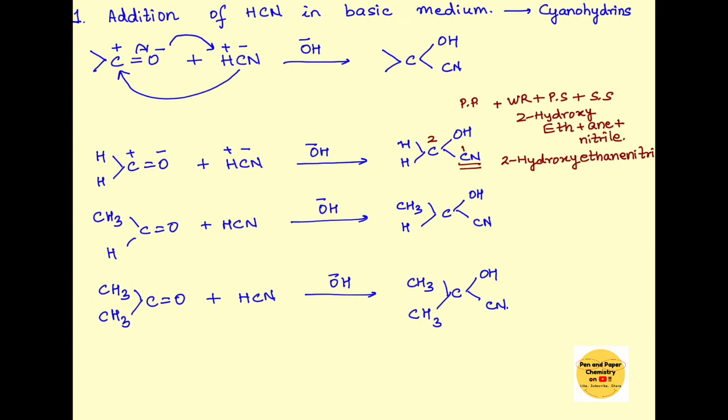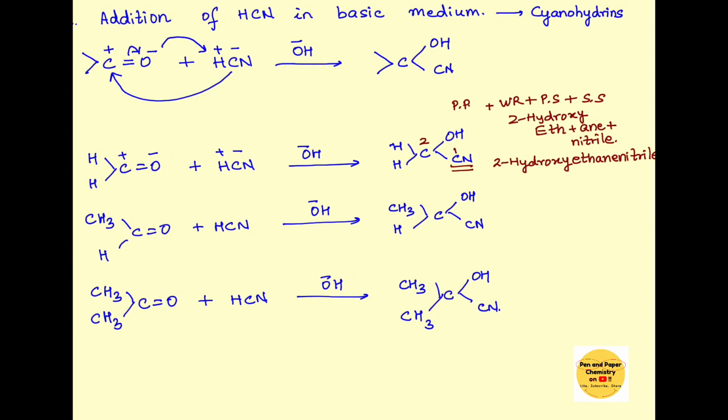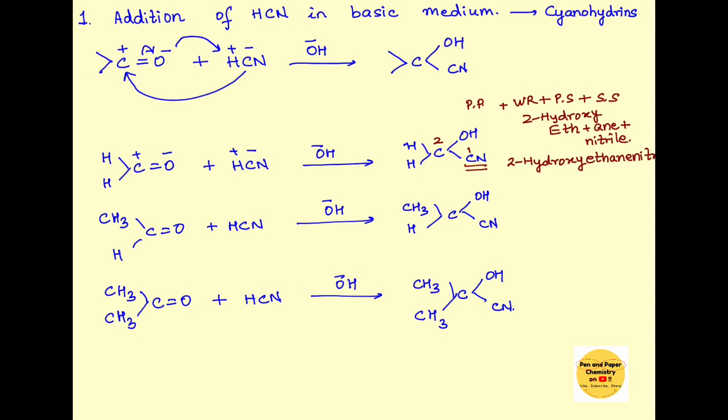This way you can go ahead and name the other 2 compounds as well for practice, or otherwise in the common system we also call it acetaldehyde cyanohydrin, right? Same way it will be acetone cyanohydrin, but in your best interest it is better to write the IUPAC nomenclature.